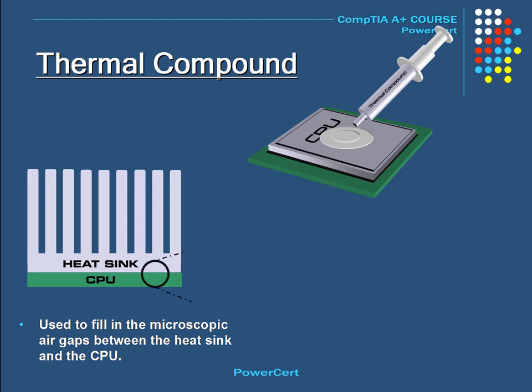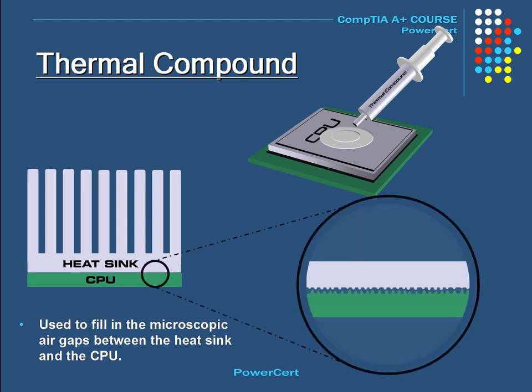The surface areas between the CPU and the heatsink are flat, but they are not perfectly flat when examined with a microscope. The thermal compound is designed to fill in these gaps so that the most contact can be made between the two.